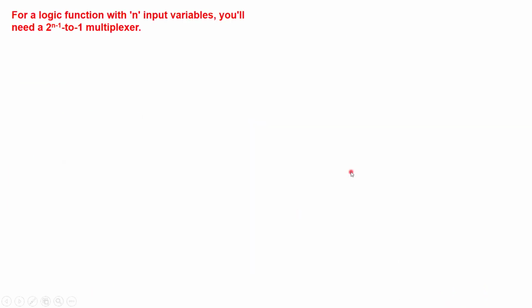You can see now it is also possible that you are asked to implement a logic function with n input variables, and for that you have to use a multiplexer which is 2 raised to the power n minus 1 to 1 input multiplexer.